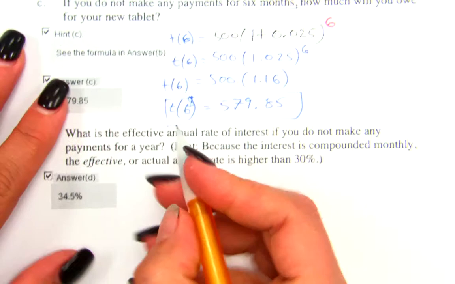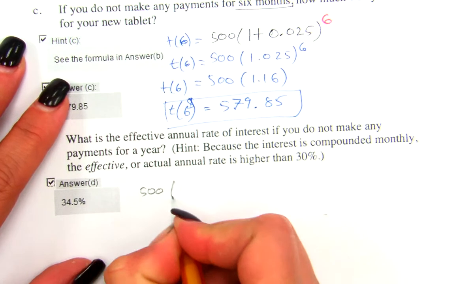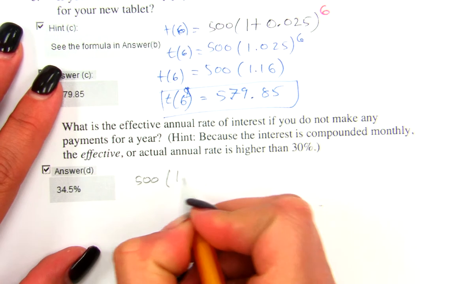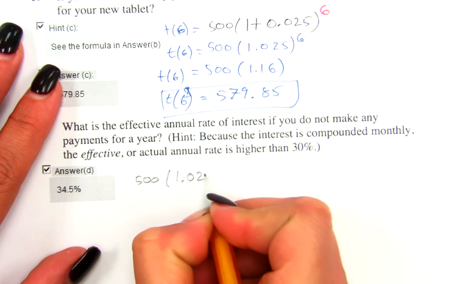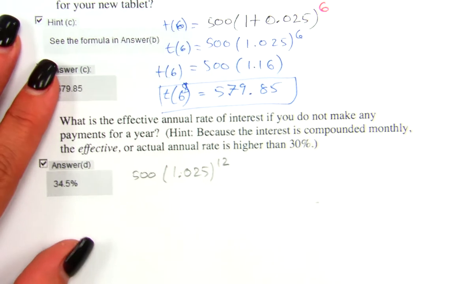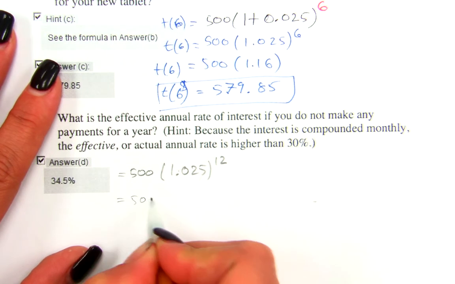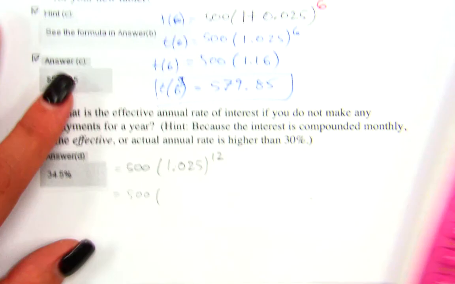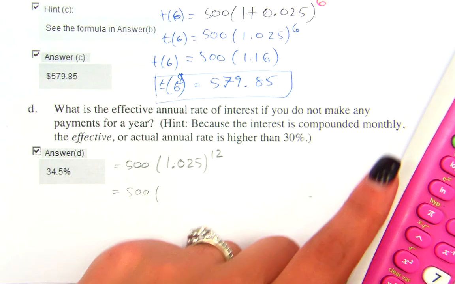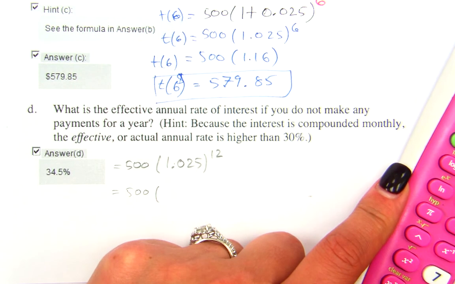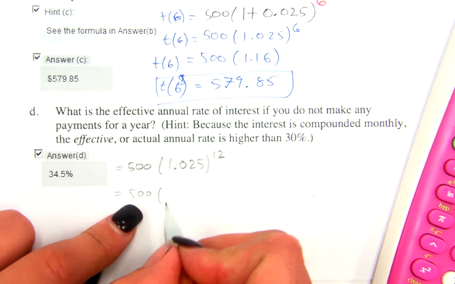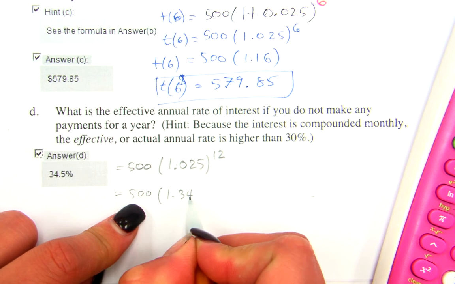I have an idea. Okay, so let's say that you got lazy. Let's say that 0.025, you didn't make any payments for 12 months, right? So they're still charging you interest. They're going to charge you interest, and 1.025 raised to the 12th power is 1.34.